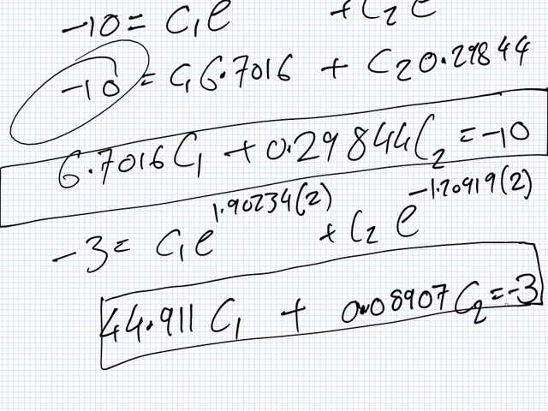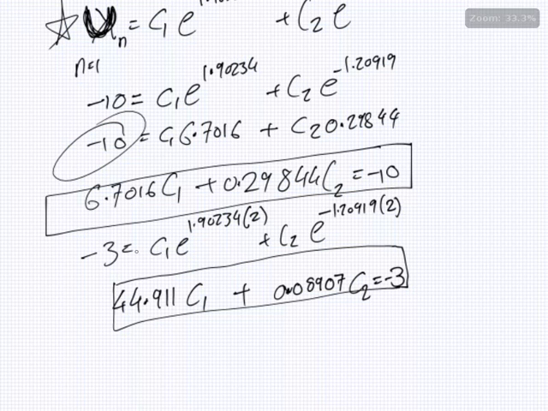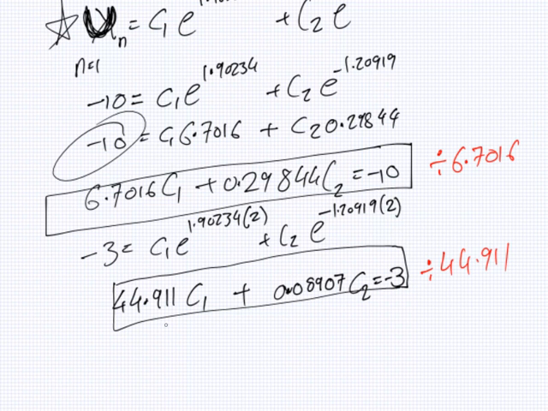Okay? So I assume you know how to do that, but if you're having a little bit of trouble here because of the decimals, my advice would be here, you should divide everything by 6.7016, and here divide everything by 44.911. The reason for doing that is you'll make a C1 here and a C1 here, which you can easily cancel then.